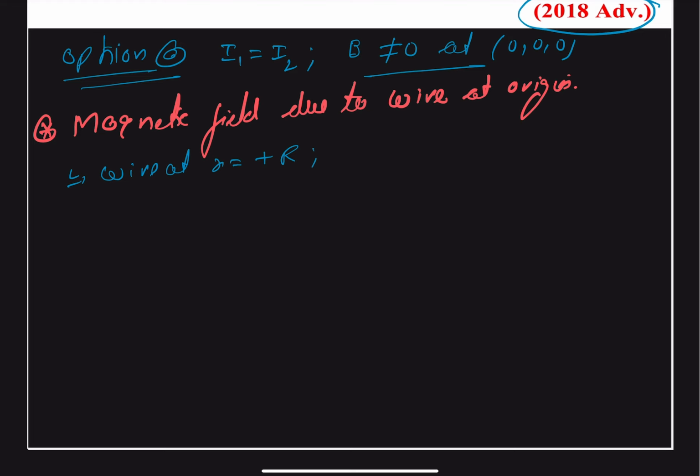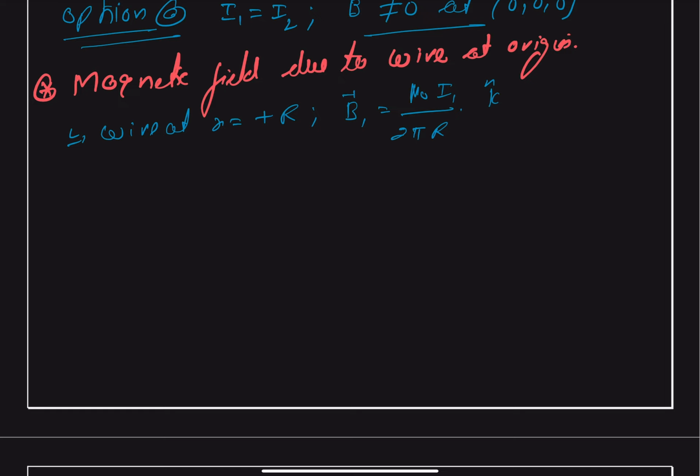Let us suppose the magnetic field is given as B1, and this B1 will be equal to this relationship, quite simple, that is mu naught I1 upon 2 pi r, and the direction will be a k unit vector. And next we are having a wire at x is equal to minus r.